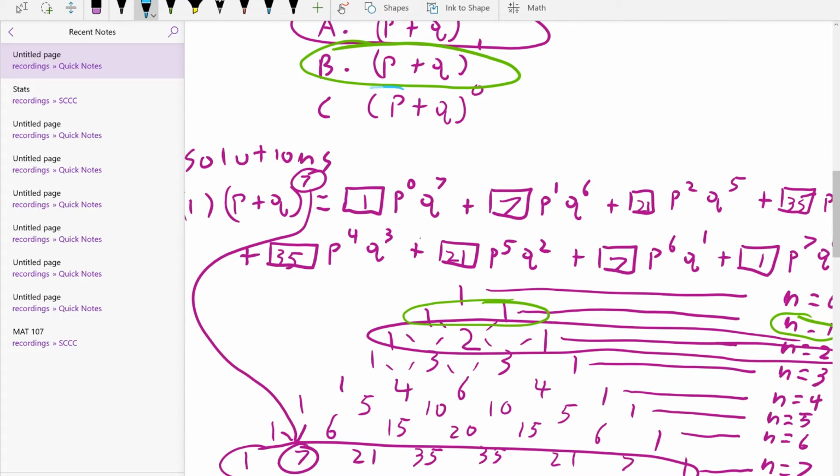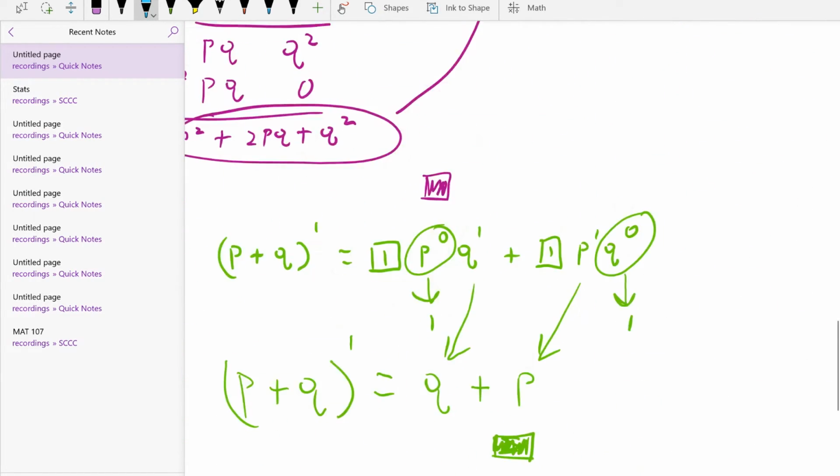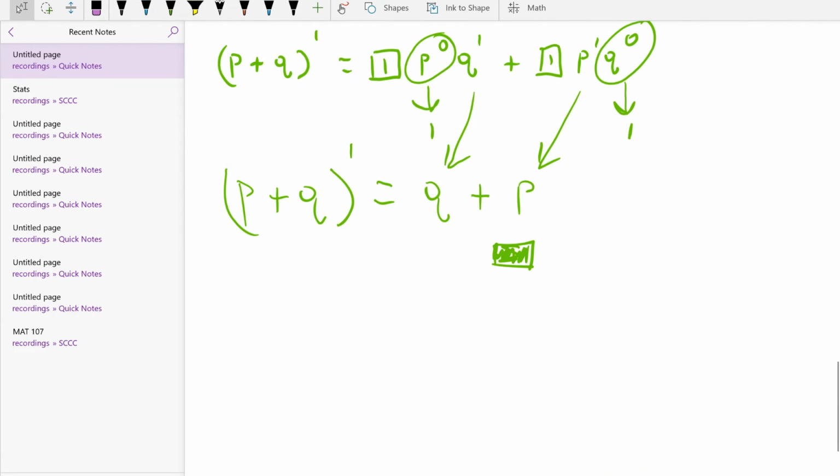So let's look at p plus q quantity to the 0. Now this should correspond to the n equals 0 row of Pascal's triangle, which is here. And there is a single number, the upper vertex, which is 1. And that makes perfect sense. At least it should.